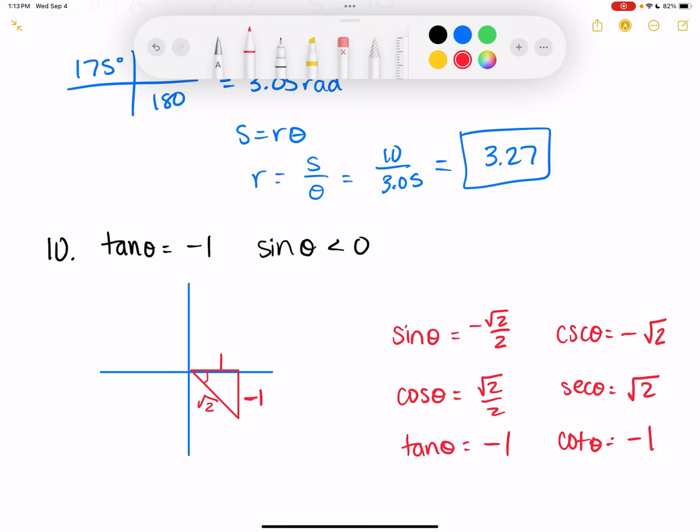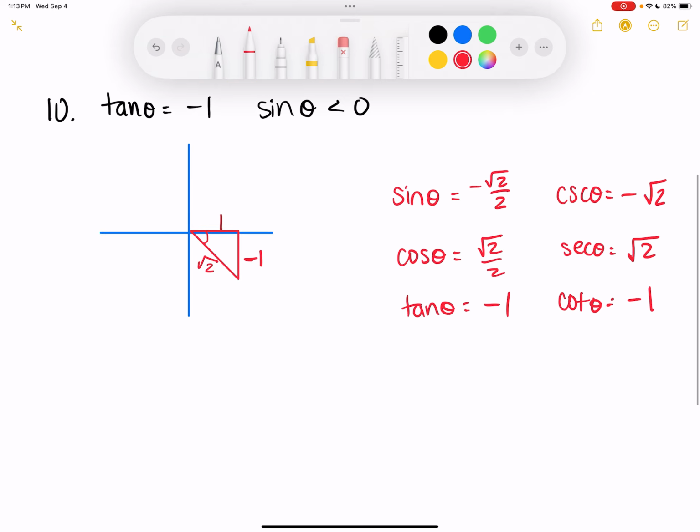Give the measure of the angle in radians and degrees. Give exact values when possible. Number 28: the inverse sine, or arc sine, of negative root 2 over 2. Unit circle. Might have to crank out some unit circles here.